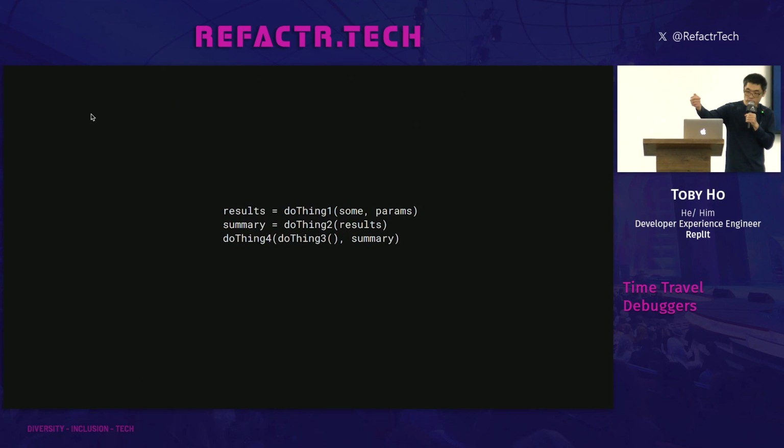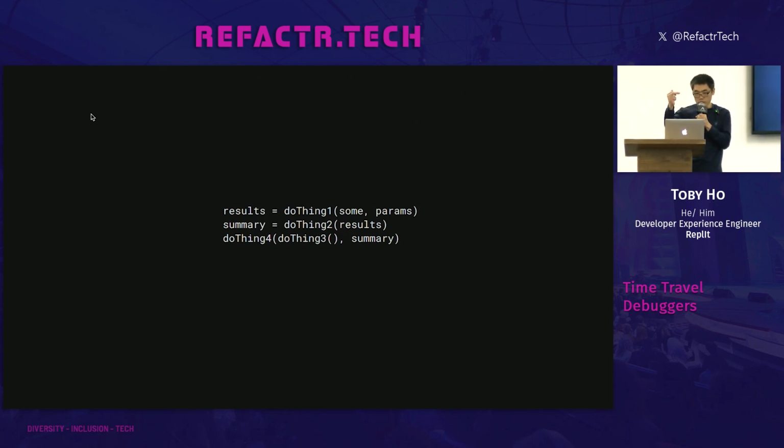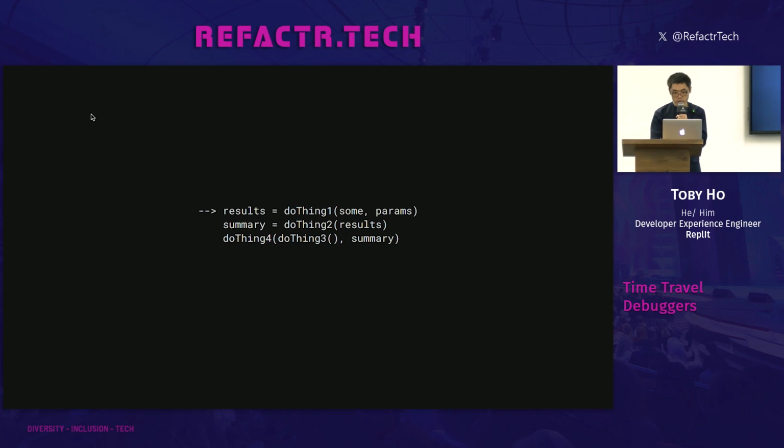So if you have some code like this, you can look at the top level of the code as the outline, but you could drill down to the specific lower levels. And the problem a lot of times is choosing the breakpoint. But you don't have to choose with a time travel debugger. You can just casually step through every line, because you can just go back.